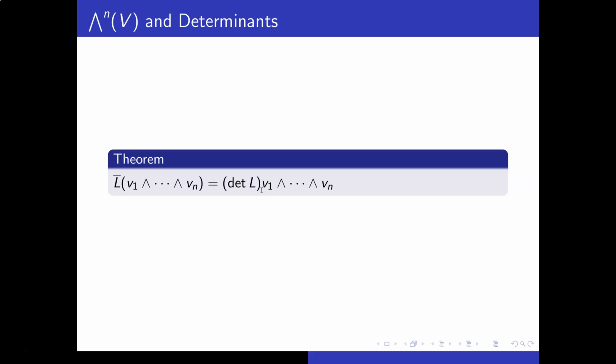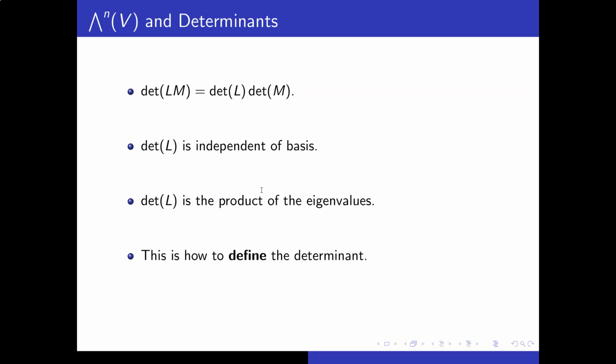Now, that seems very convoluted. Again, why? Because everything we know about determinants really follows from this. To begin with, if I take a matrix or a linear map and work out its determinant, it doesn't matter what basis I use. That's immediate from what we've just seen.